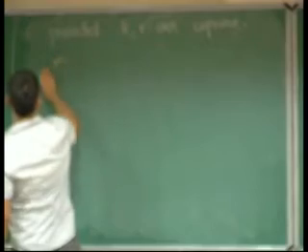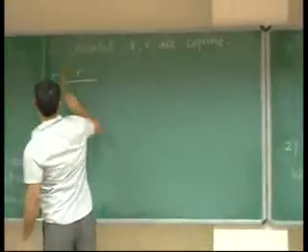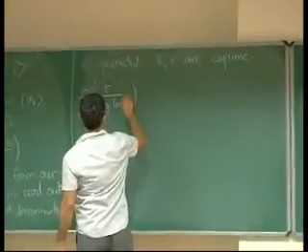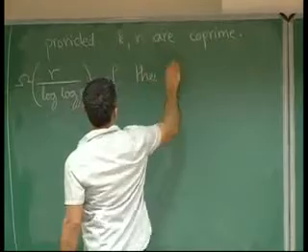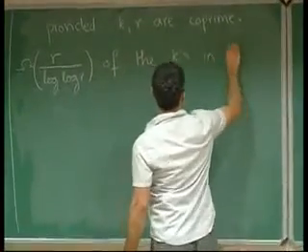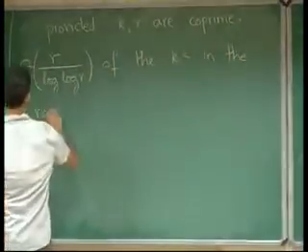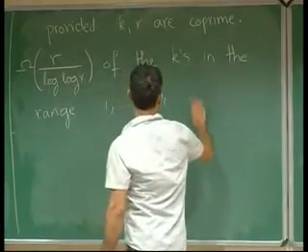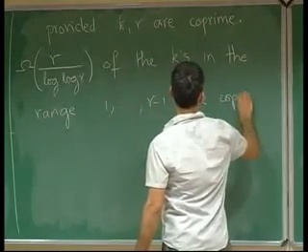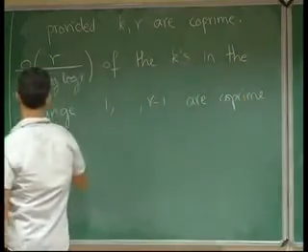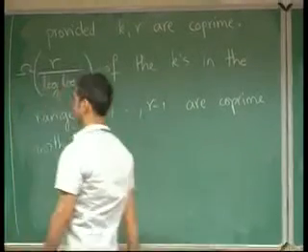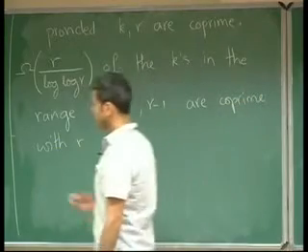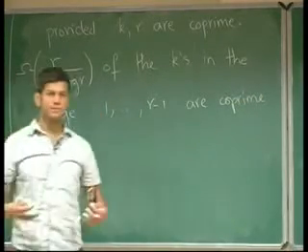In fact, some constant times r divided by log r of the k's in the range one up to r minus 1 are co-prime with r. So most of the k's will work and will give us the order r using the phase estimation procedure.